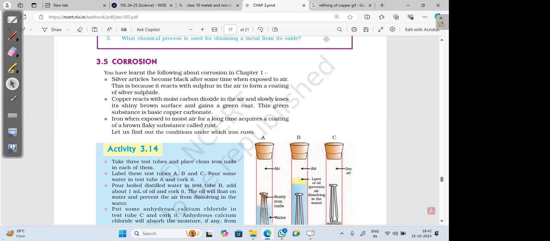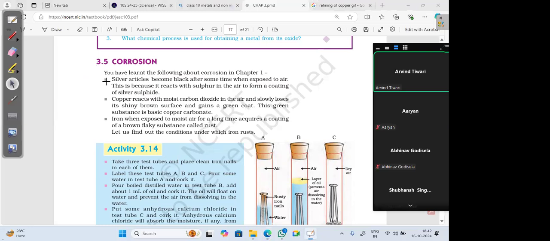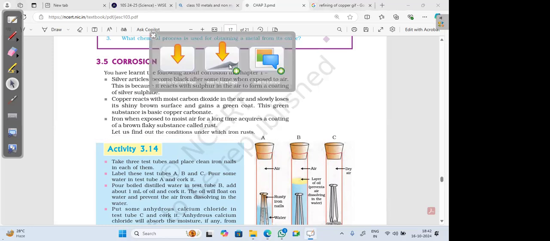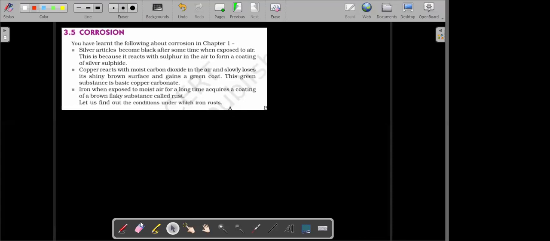When silver is exposed to air, it reacts with sulfur present in the atmosphere to form silver sulfide, which is black in color. So there is a coating of silver sulfide on it, and because of this, the silver will lose its luster. It will lose its shine.